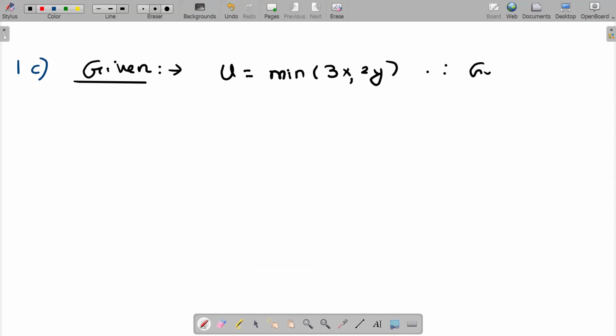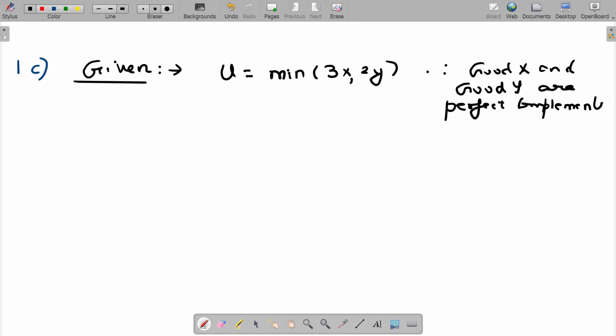Therefore, good X and good Y are perfect complements. They are consumed in a fixed ratio, which implies that the indifference curves are L-shaped.